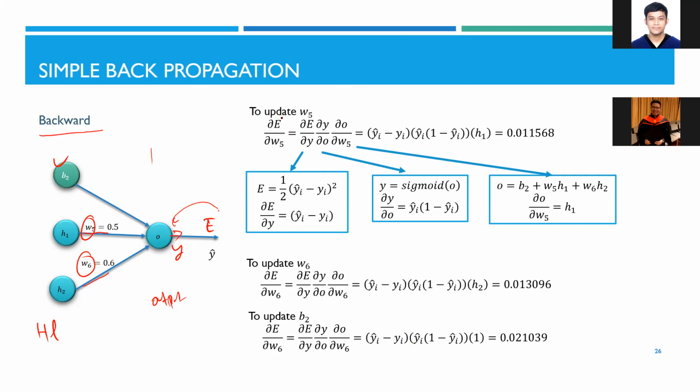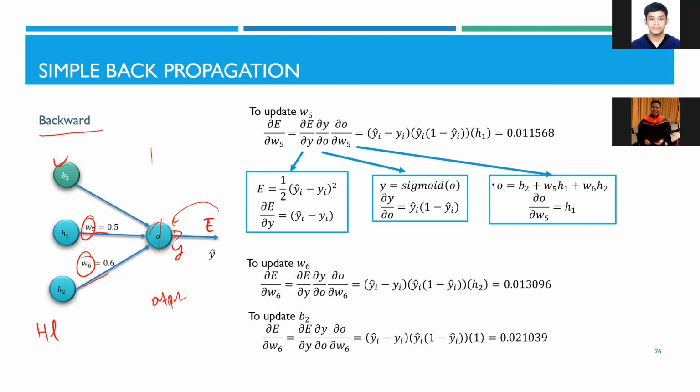Okay, because E is a function of Y, and Y itself is a function of O. Sorry, O is the total input here. Maybe I will write down first like this.